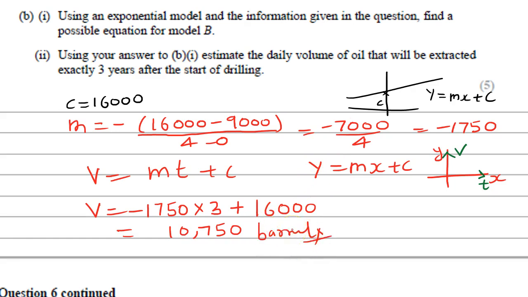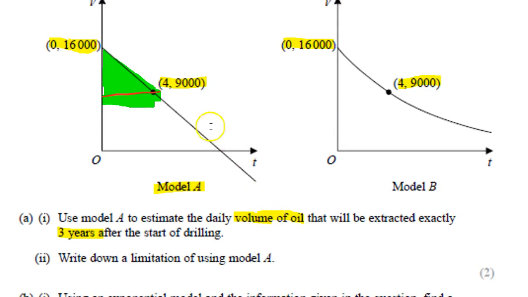Okay, now the second part is saying using an exponential model. Now we need to use this exponential model. Okay, sorry, write down the limitation of using model A. That is question A, second part, I missed. So it is question A, second part, limitation of model A. If you see, after a certain interval of time it is going negative, and volume cannot be negative.